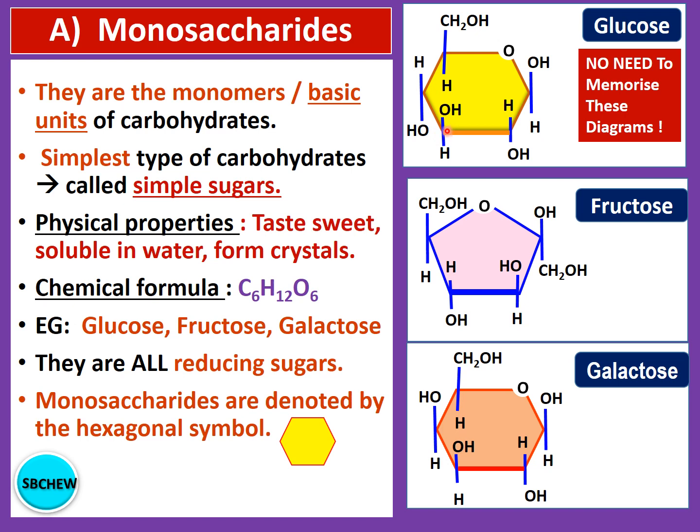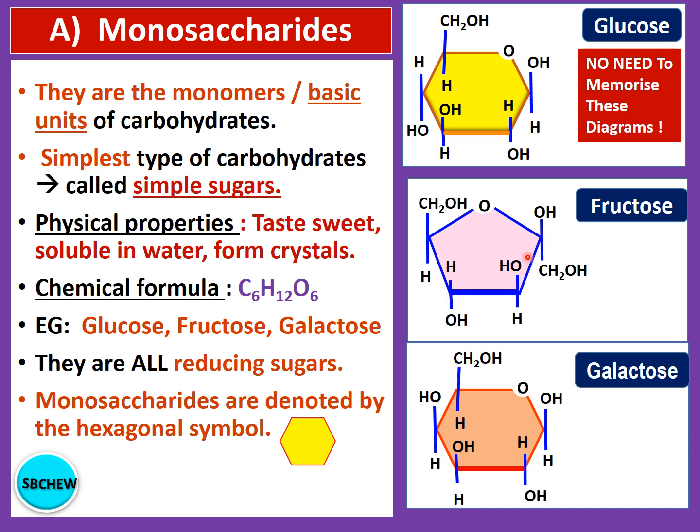The carbon atom is not written down here, so actually every corner here has carbon atoms. 1 carbon atom, 2 carbon atoms, 3, 4, 5 carbon atoms, and joined to 1 oxygen atom to form a hexagonal ring. This is the same also for galactose. But for fructose, it has a 5-sided ring or a pentagon shape.